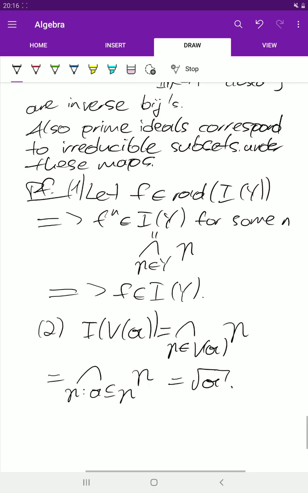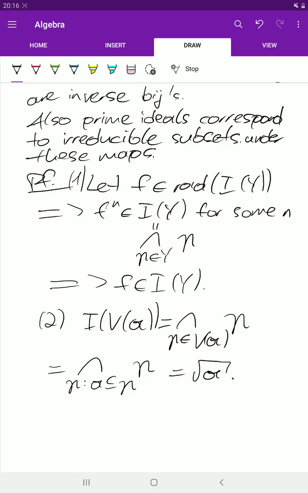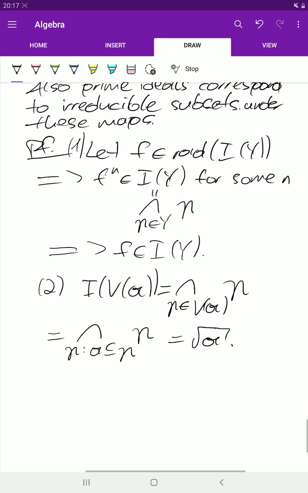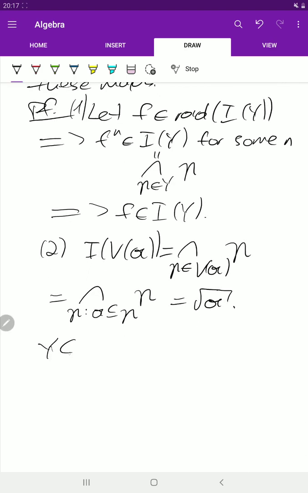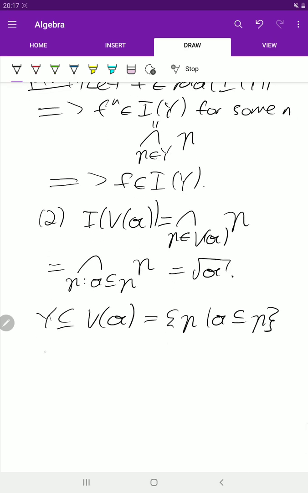Let's look at it a little bit more generally. So if we have Y in a closed subset, so in some V of A, that means that's the P such that A is a subset of P. Let me state it.